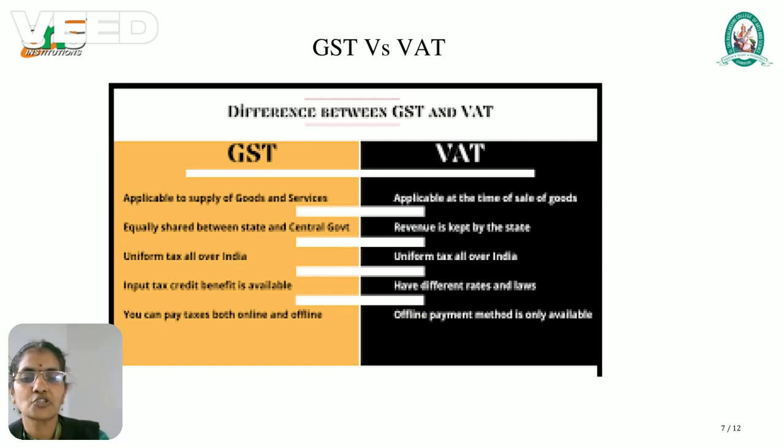The next difference is that under GST, the amount is collected and credit is given, which benefits the taxpayers. But under the VAT system, different tax rates are followed. Next, under GST you can claim ITC, that is, input tax credit, but under VAT it is not applicable.